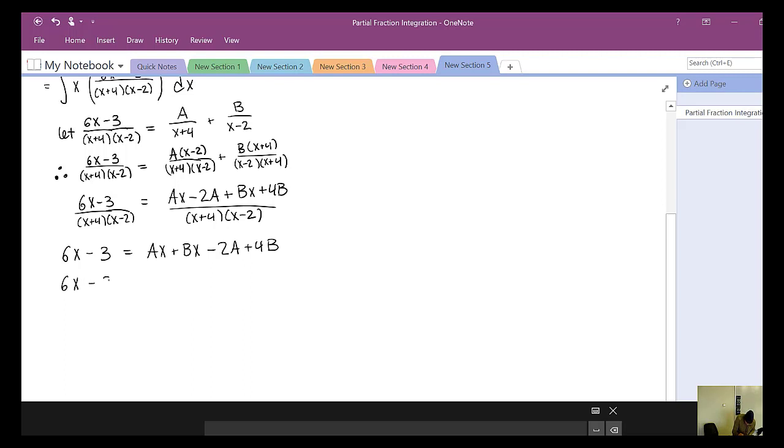And if I collect all these x terms together and factor, I get that, and then the constant terms just are what they are.